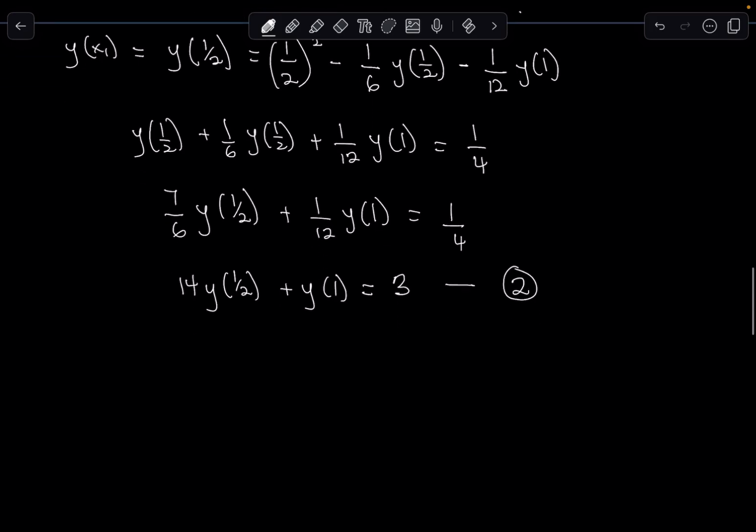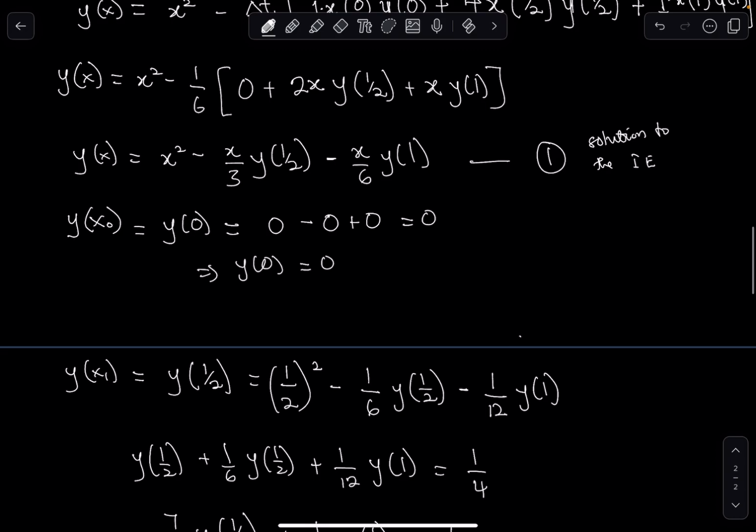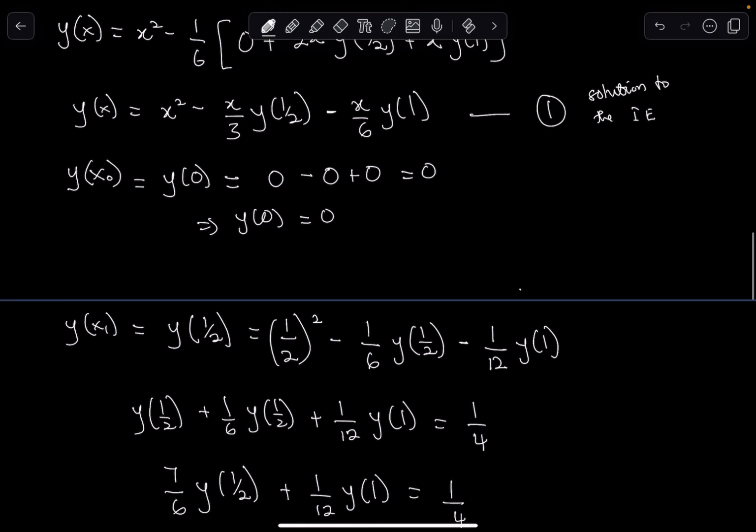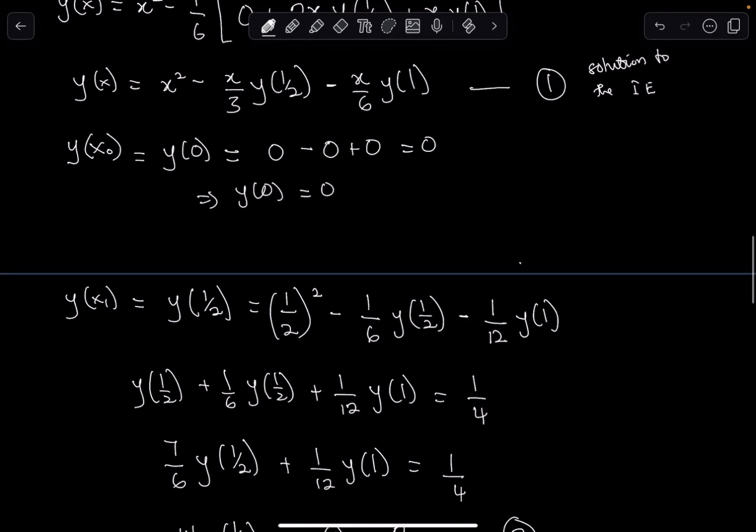Cool? Cool. We're going to do the same thing for y of x2. And what is x2? x2 is 1. So that's going to be equal to y of 1. That's going to be 1 squared minus, where is the original formula from it? Always you are doing your substitution into your solution, which is equation 1.